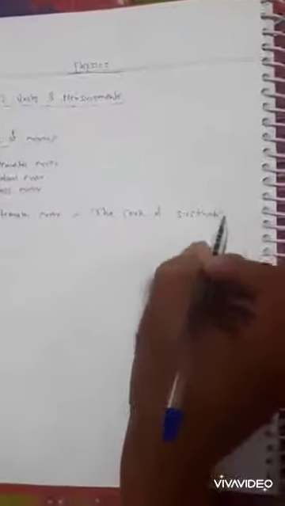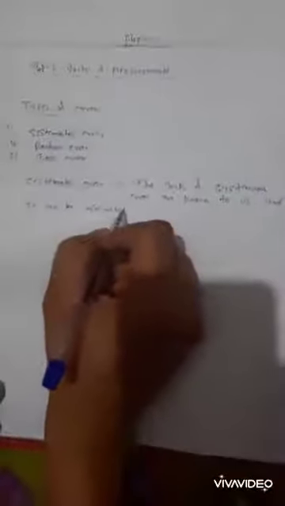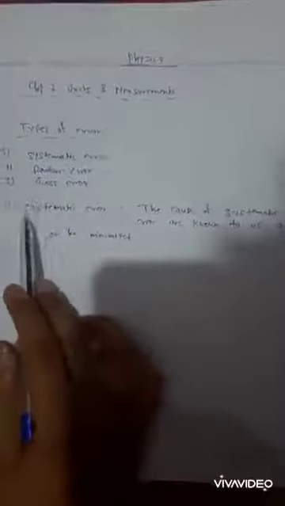The causes of systematic error are known to us and it can be minimized. As I told you, it is because the system, so the causes of this error are known to us and it can be minimized with the help of some basic knowledge.